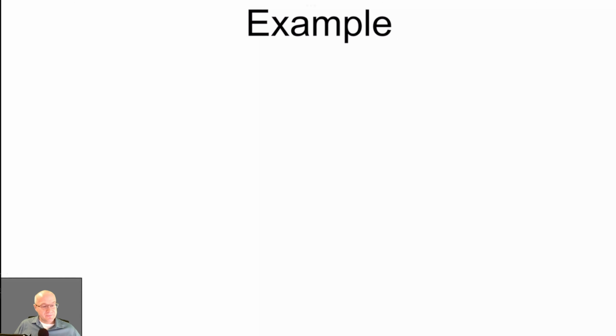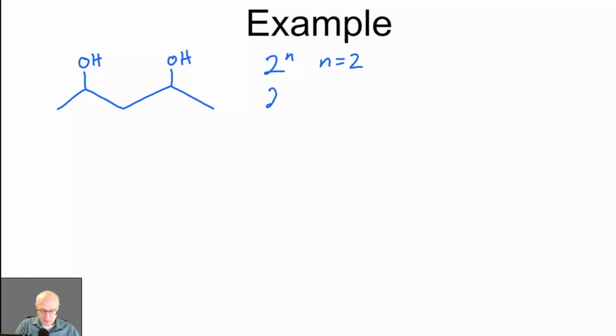Let's see an example. What if we had something like this, where there's an OH here and an OH there? And now there's potential here for 2 to the n, where n equals 2, because there's 2 potential chiral centers, right? 2 to the 2 is 4. So there's 4 potential stereoisomers.